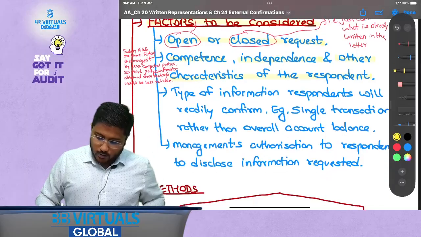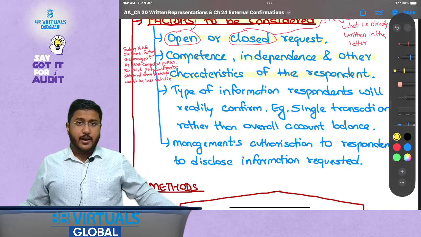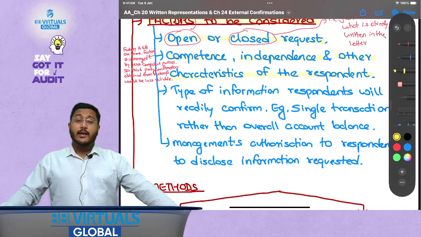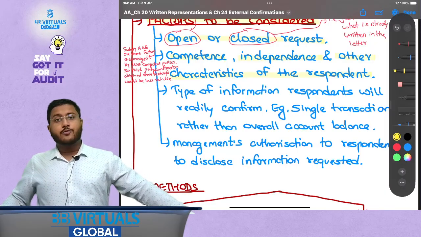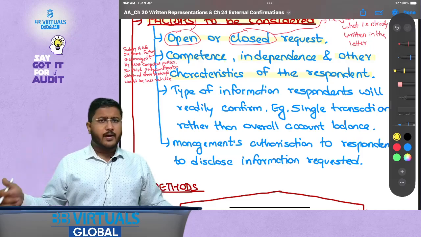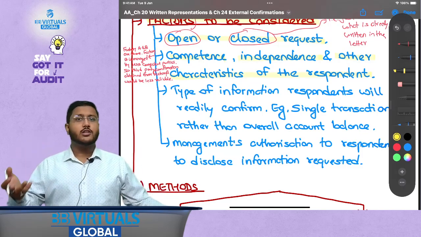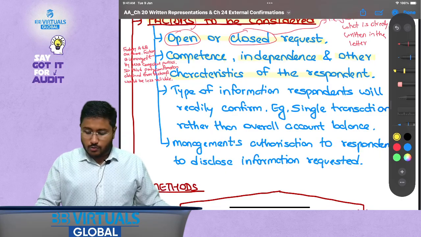Yes. Now, type of information respondents will readily confirm. That is, sometimes what happens is, we know from our experience that in case of debtors, the information would be confirmed for total balances rather than one invoice. Total balances is readily available. But when we talk about the status of legal cases, individual cases are easier to confirm.